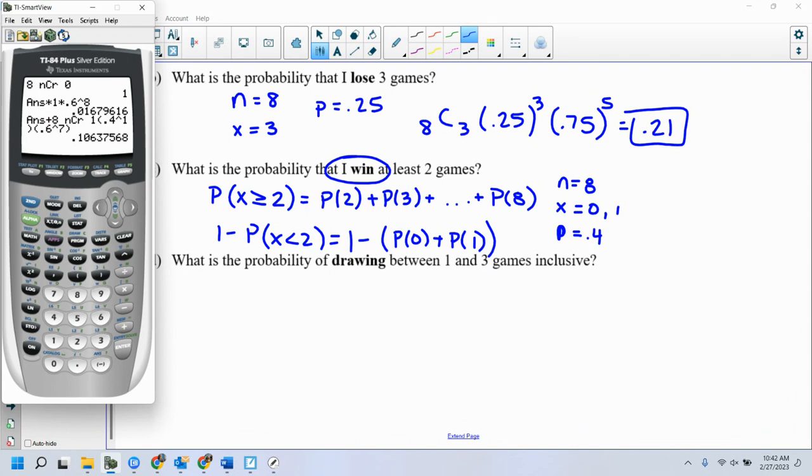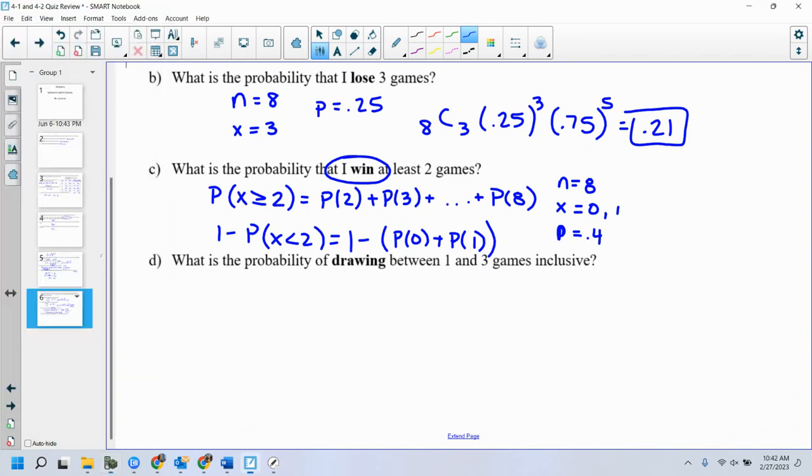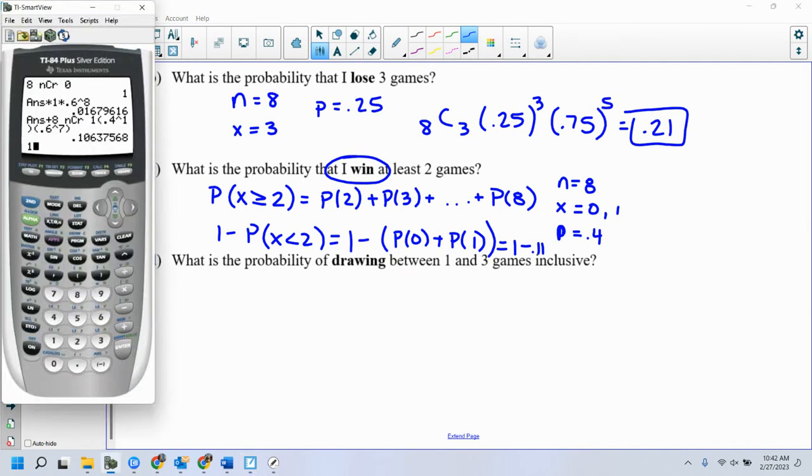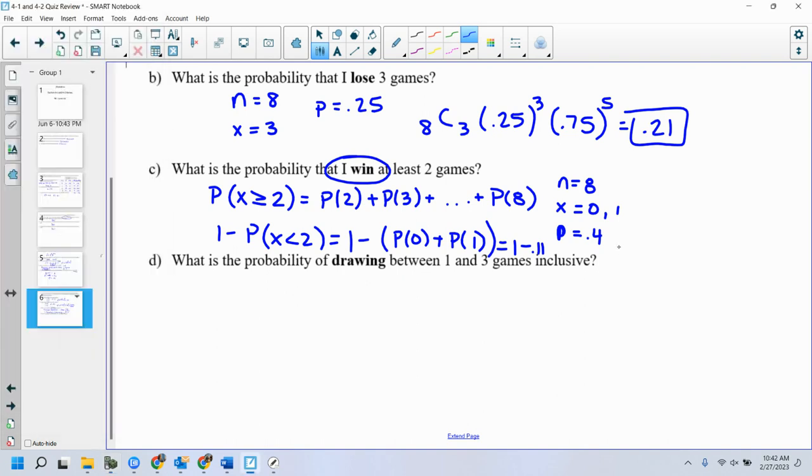All said and done, 0.106, so 0.11. Now, be careful. That 0.11 was probability of 0 plus probability of 1. So 1 minus 0.11 is 0.89, 89%. Your answer should be logical. What is the probability that I win at least 2 out of these 8 games? It's probably a pretty high chance, because I win 40% of the time.